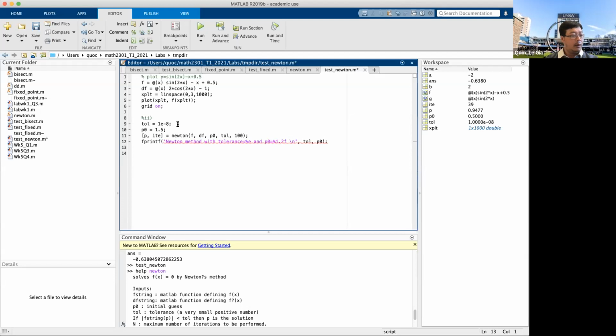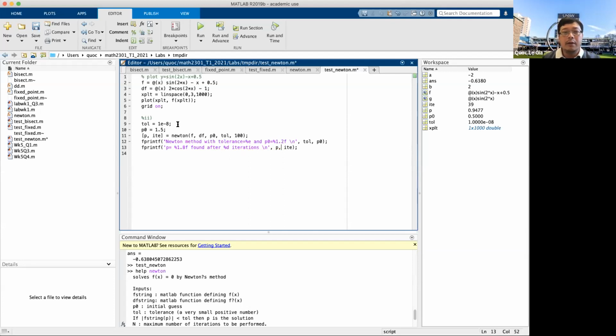And then you print out the solution. So p equals %1.8f, it's a floating point number, after that many number of iterations. So you put in p, and you put in the number of iterations.